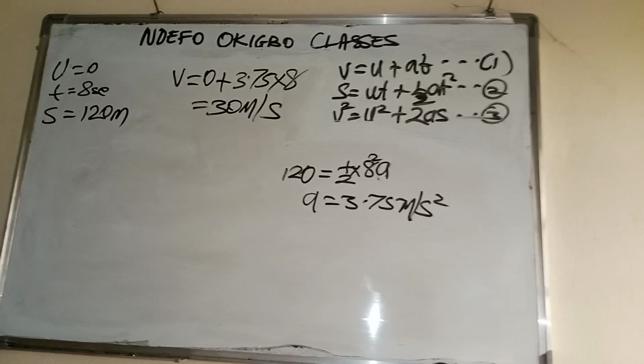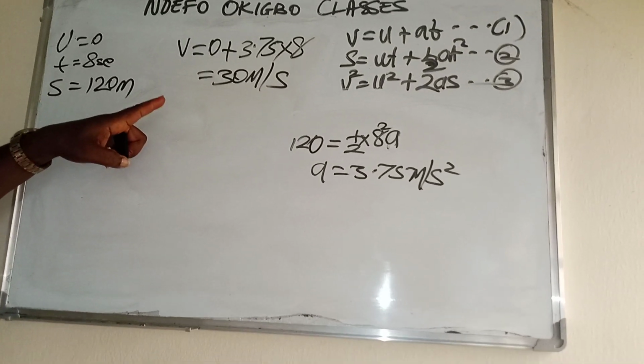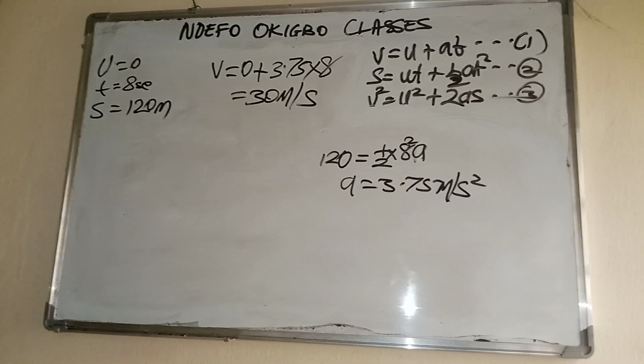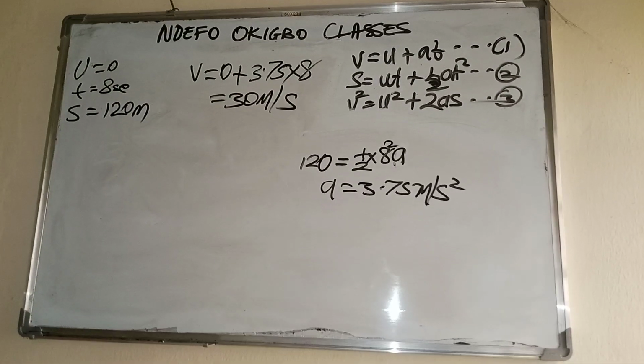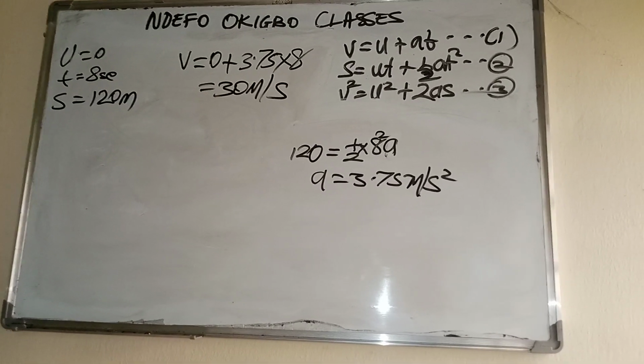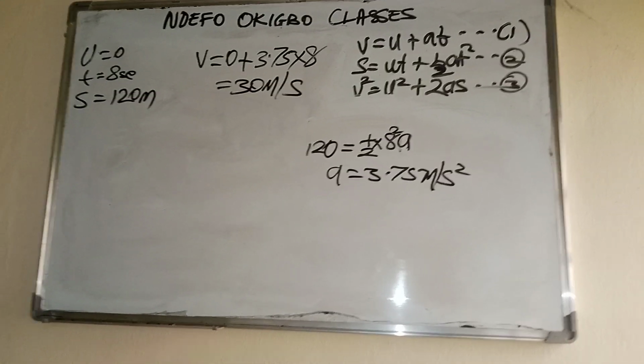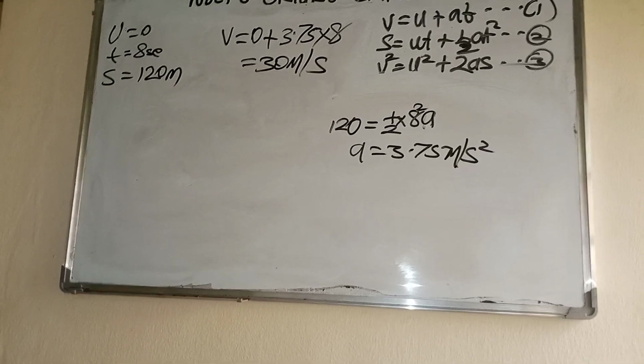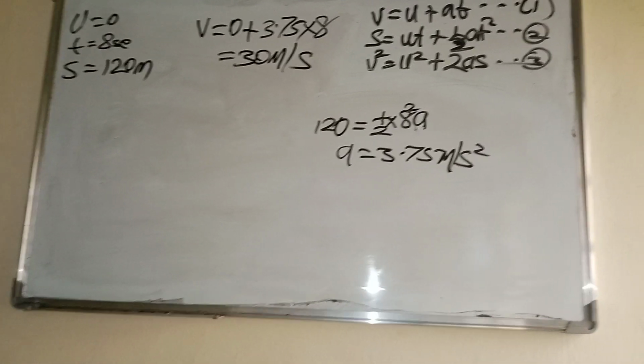So this is the velocity made in 8 seconds. Then we are now told to get the velocity made at 15 seconds. In that case, this velocity becomes the initial velocity. It's no longer the final velocity. The final velocity is the one after 15 seconds.